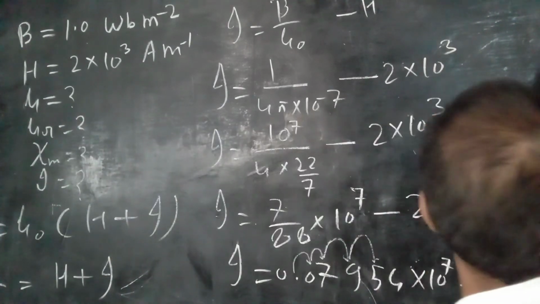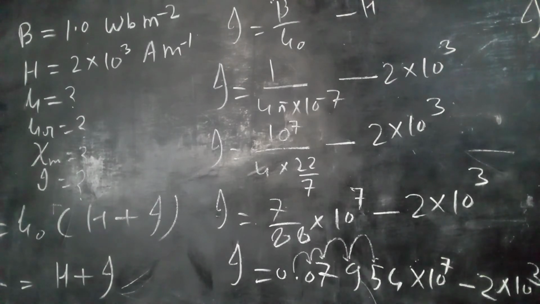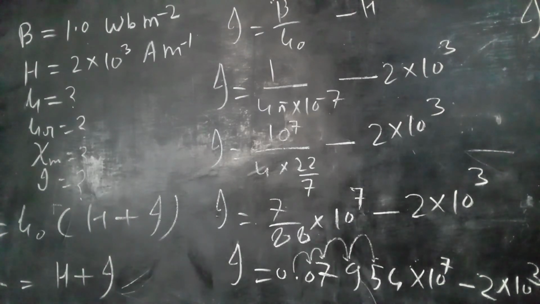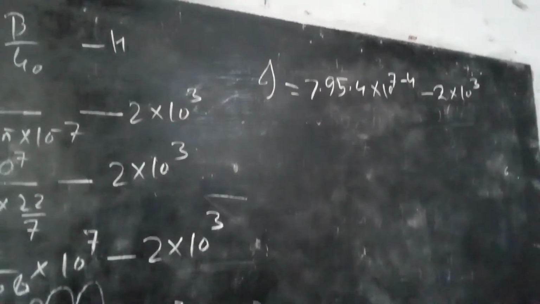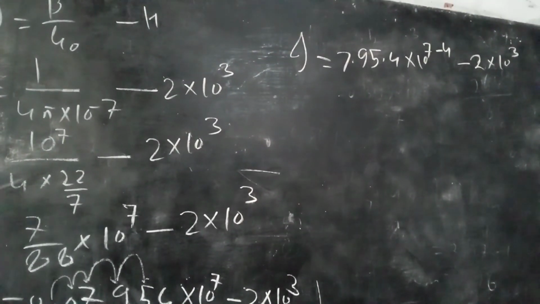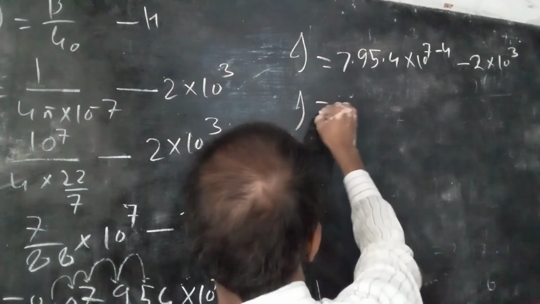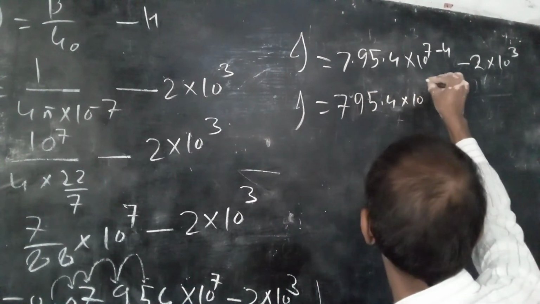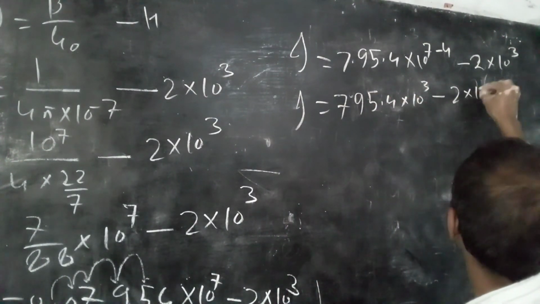Then I is equal to 795.4 × 10^3 minus 2 × 10^3.